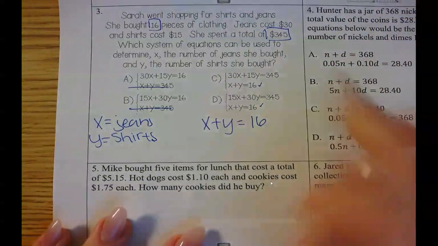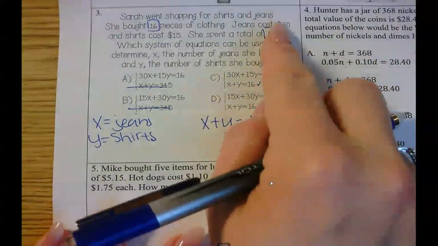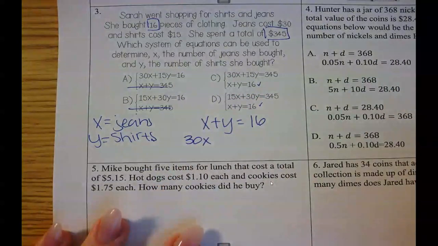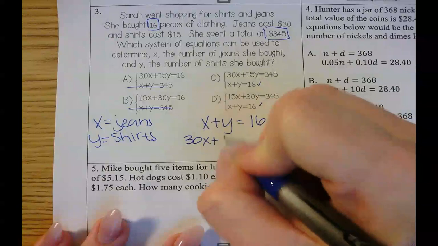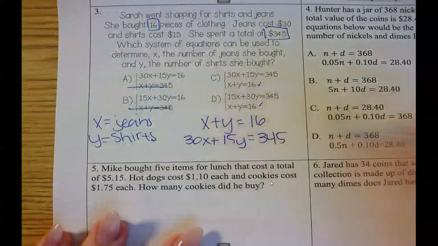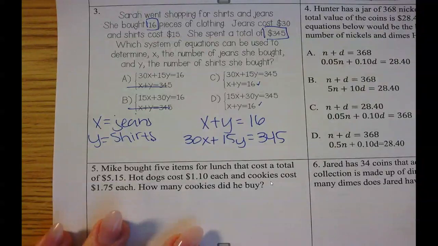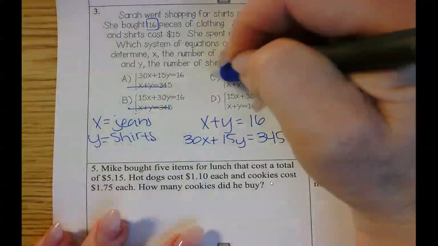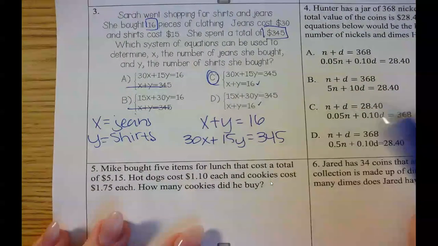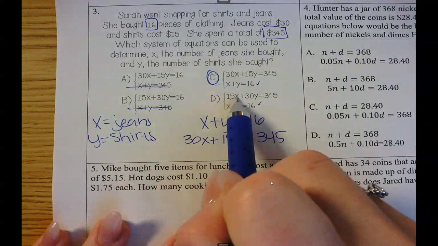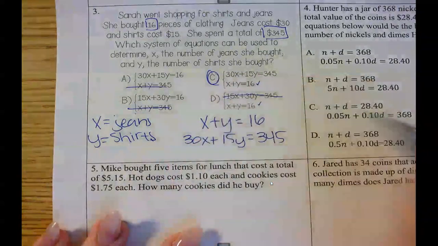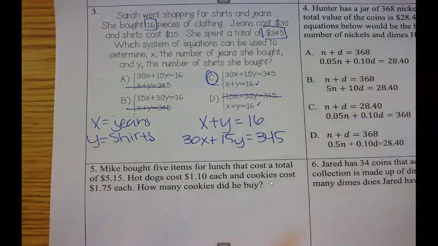Then whenever I have a dollar amount, I put the dollar amount with the variable that corresponds with that item plus the dollar amount of the other one equals the total that I was given. So that is C right here. On D, that's not right. 15 doesn't go with x. 15 goes with y because 15 is for our shirts, and we defined y as shirts.